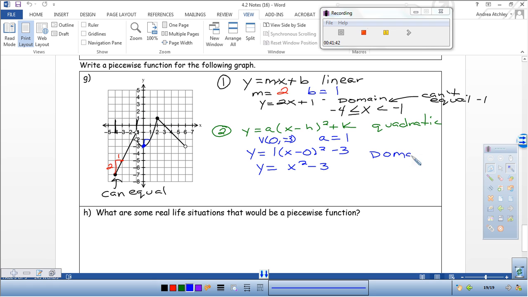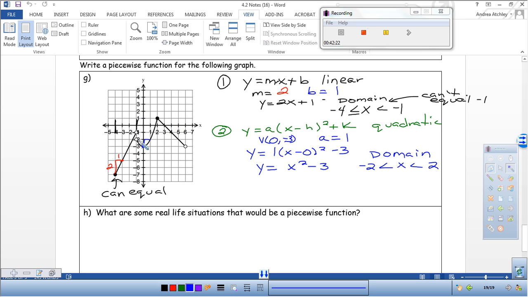Then we need a domain. Okay, Marissa, what is this value? Less than 2.